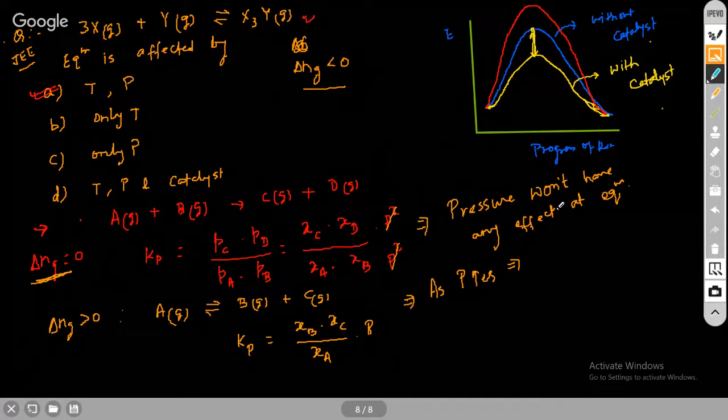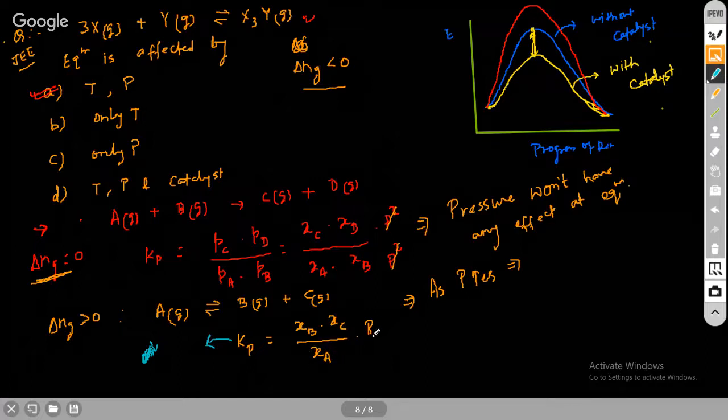Because when pressure increases, this Kp is independent of pressure, right? It depends only on temperature. For equilibrium to be maintained, Kp wants to be constant, right? The tendency for Kp is to be constant. So when this pressure is increasing, to maintain this ratio over here, Xa will also have to increase.